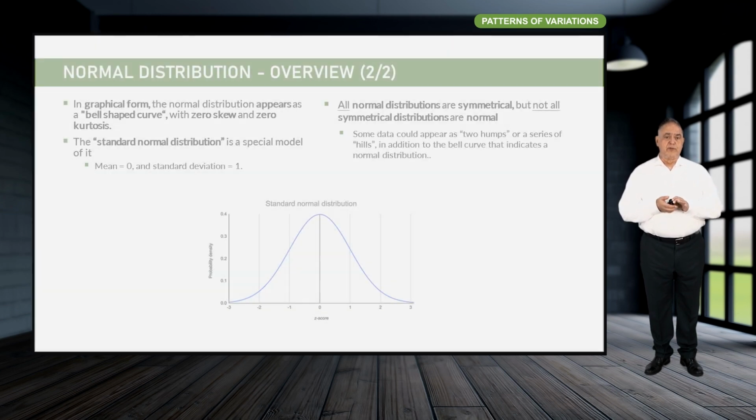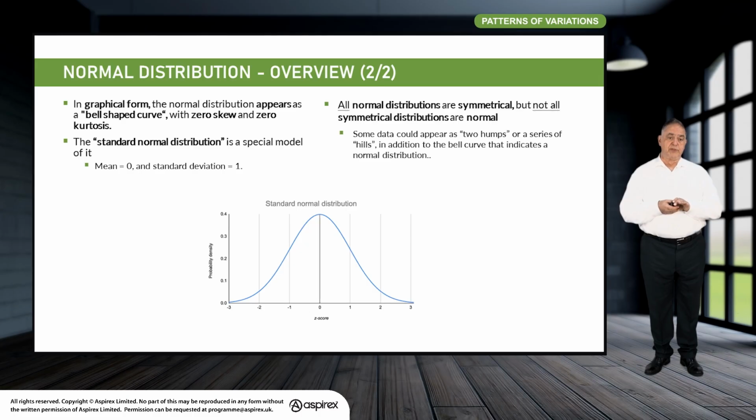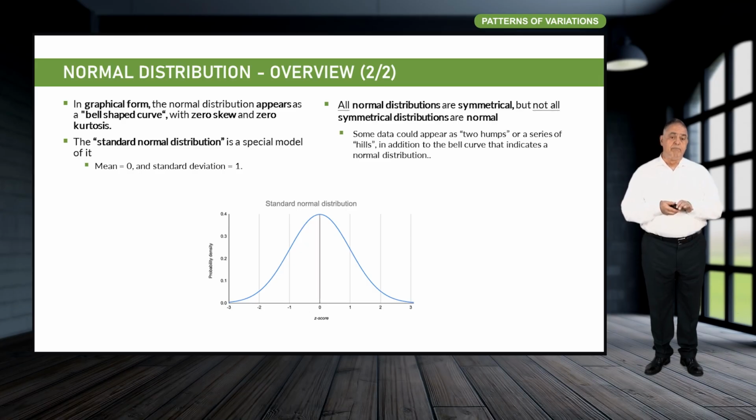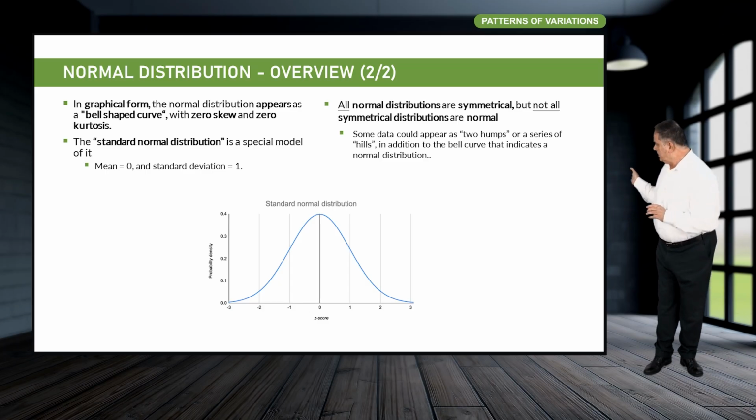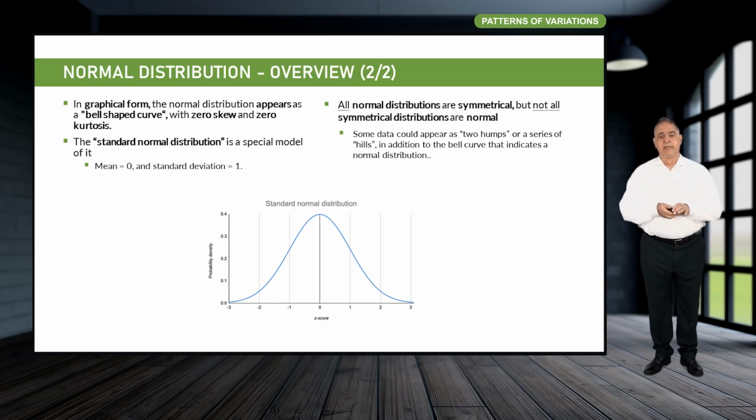In graphical form, normal distribution appears as a bell-shaped curve. Again, in the figure, we can see what I mentioned earlier as the standard normal distribution that has zero mean and a standard deviation of 1. And all normal distributions are symmetrical, but not all symmetrical distributions are normal.